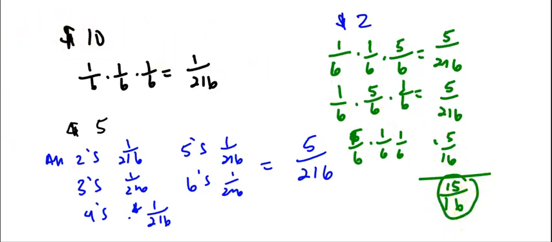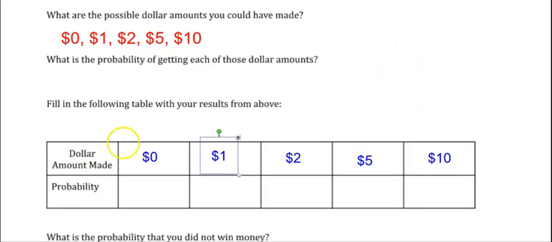Okay. So if we go back, so for $10, it was... we said 5 out of 216. For the $1, we didn't do the $1, so we'll come back to that.